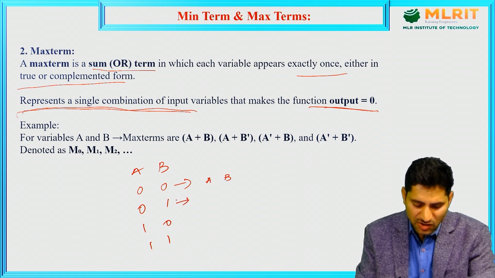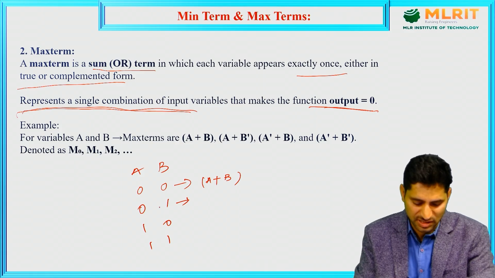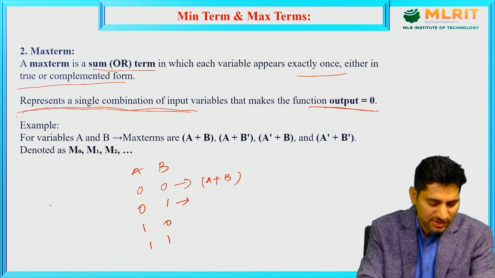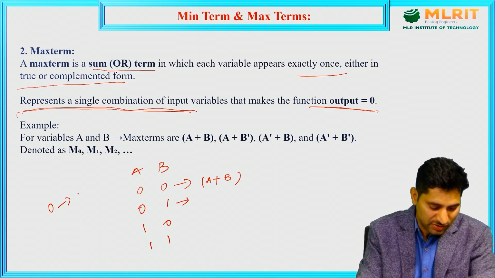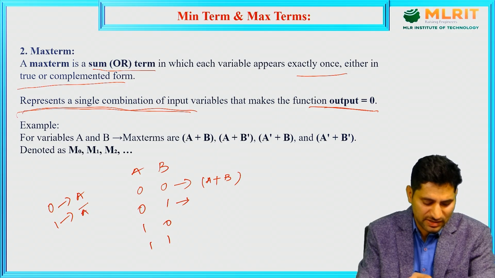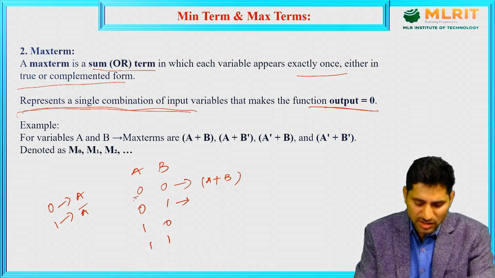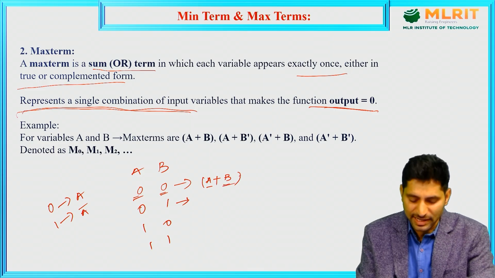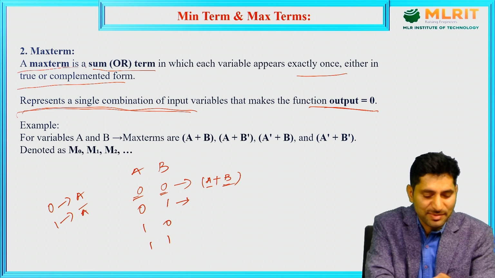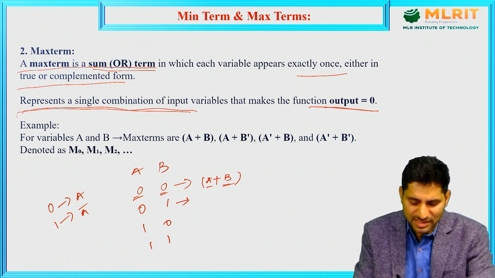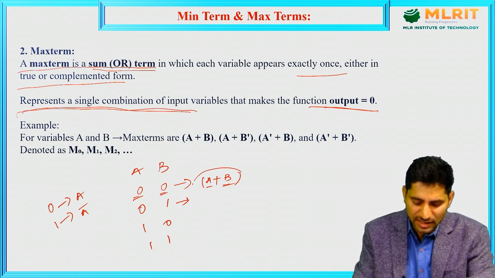Next 0 1, and we need to take the sum among these two variables. 0 means we'll take the variable as true value, and 1 means we'll take the variable as false value. In between these two variables we'll take the OR operation, because a max term is a sum term.